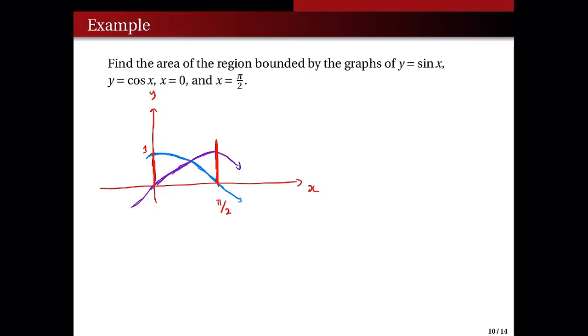So the region must be bounded by the sine function and the cosine function, and between x equals 0 and x equals pi over 2. So the regions are this region here and this region here. You have two regions, and you have a point of intersection at this particular point.